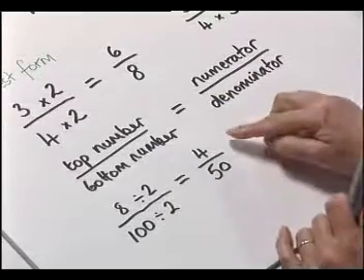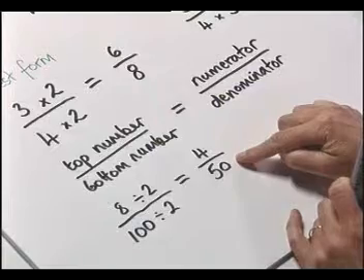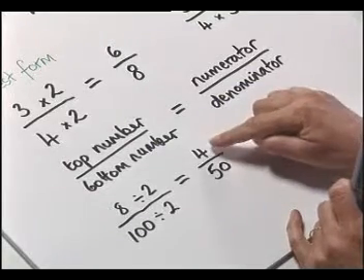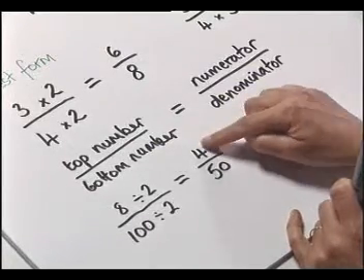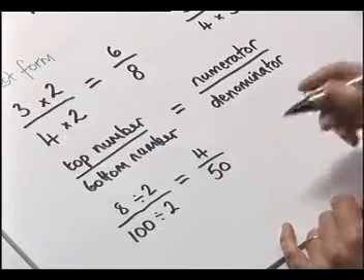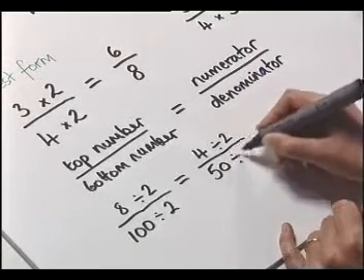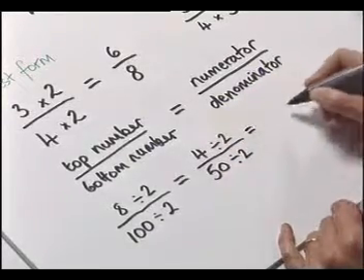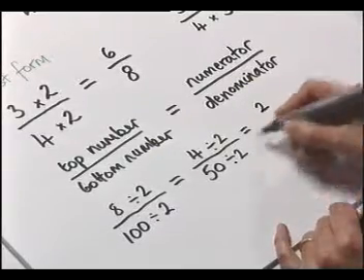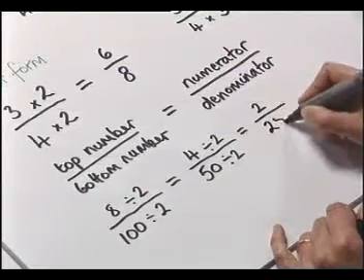Now we need to look at our fraction again. We found an equivalent fraction, but is it in its lowest form? Well, again, we can see that they're both even numbers. Both 4 and 50 are even. And so we can divide by 2 again. 4 divided by 2 gives us 2, and 50 divided by 2 gives us 25.